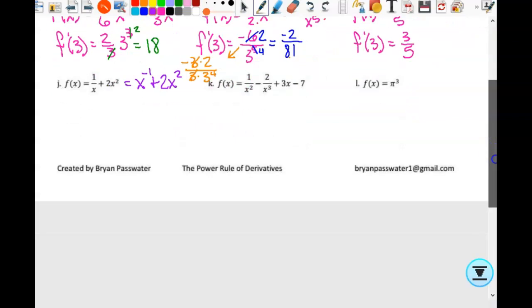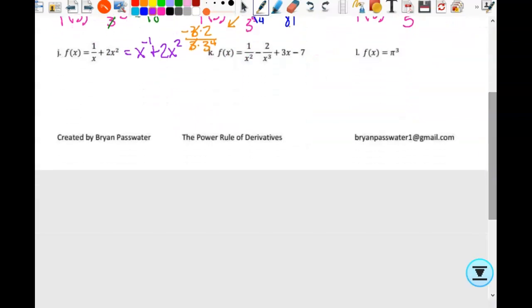On K, I would rewrite this as, this first term would be what? X to the negative 2, good, minus 2 times x to the what? Negative 3, good, and then plus 3x minus 7. So when you take the derivative of those, I want you to take the derivative and then put whatever needs to be back in the denominator when you clean it up, okay?